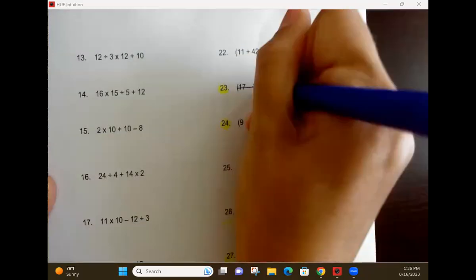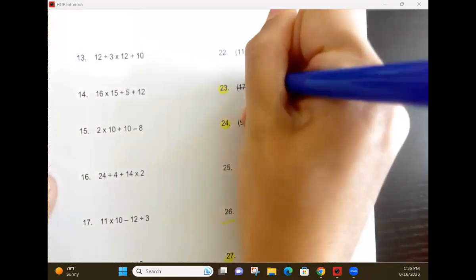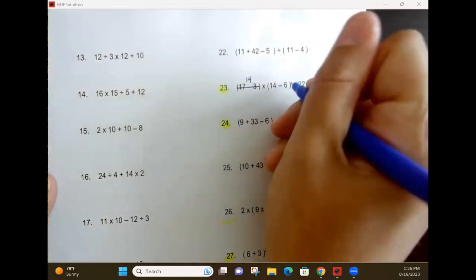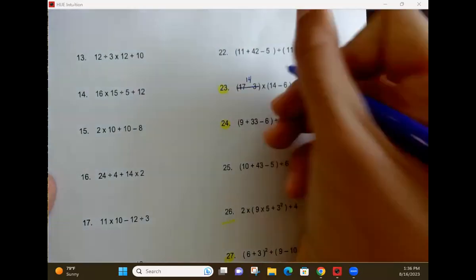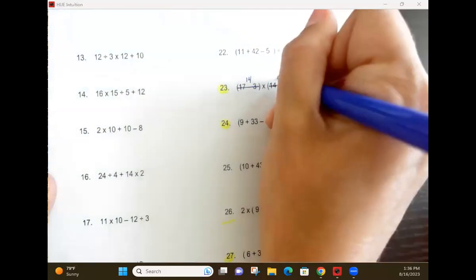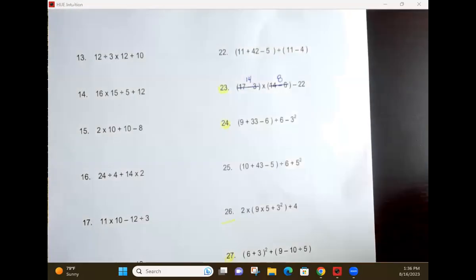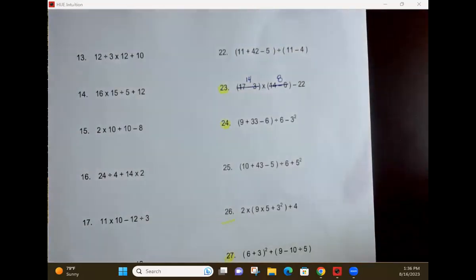That gives me 14. And then inside our second set of parentheses, 14 minus 6. That would be 8. So I've simplified in my parentheses. What should I do next?